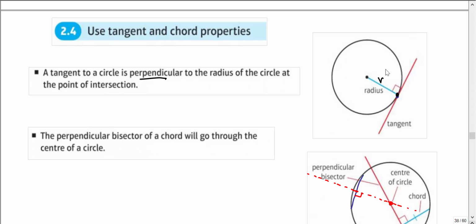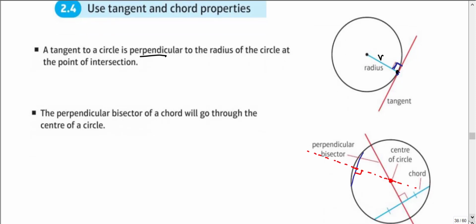If you have a tangent and a radius and they meet at 1 point, the tangent to the circle meets the radius at 1 point, then the radius and the tangent are perpendicular. It's always like this. The radius is always perpendicular to the tangent. This angle is always 90 degrees. Okay? You understand this?